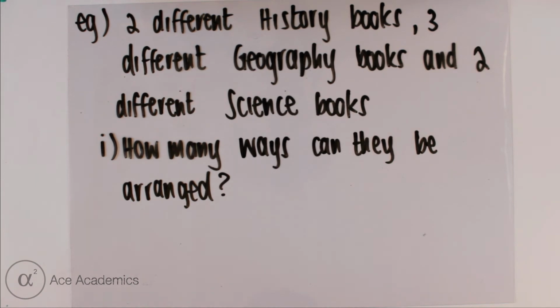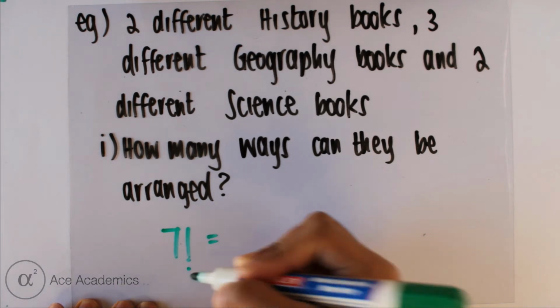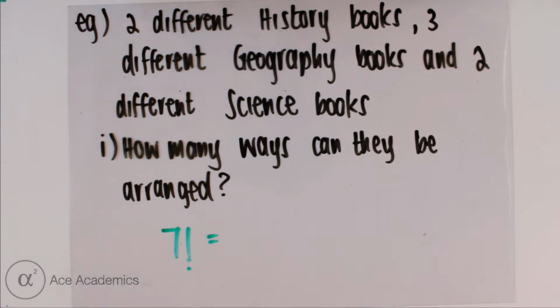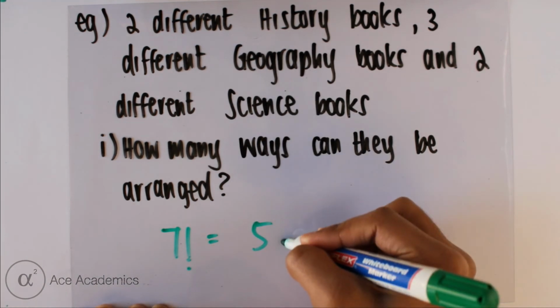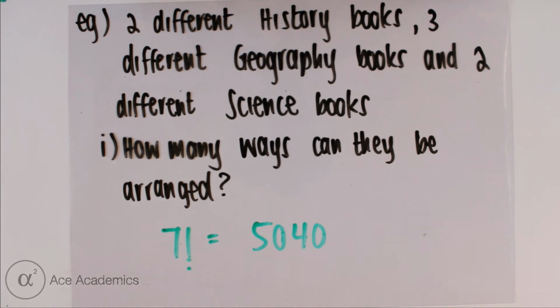How many ways can they be arranged? Now, using factorial notation, which we've just learnt, we can simply write this as 7 factorial, because there's a total of 7 books, and 7 factorial is simply equal to 5040.